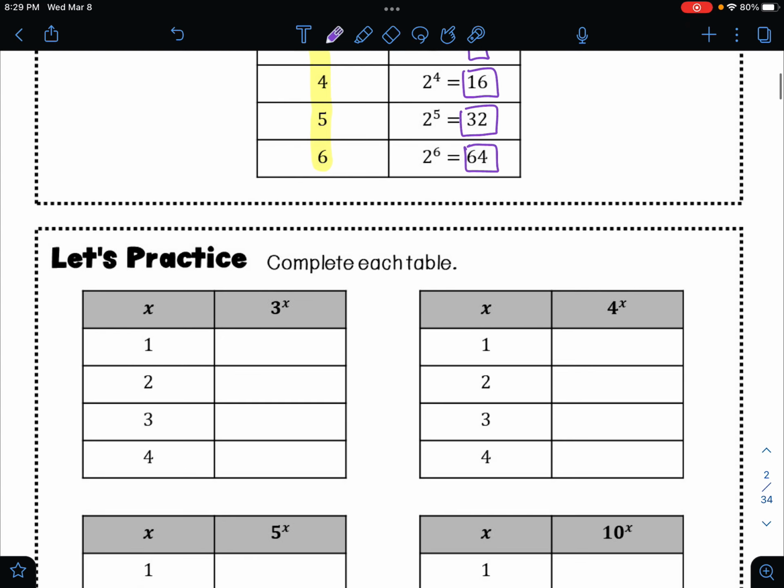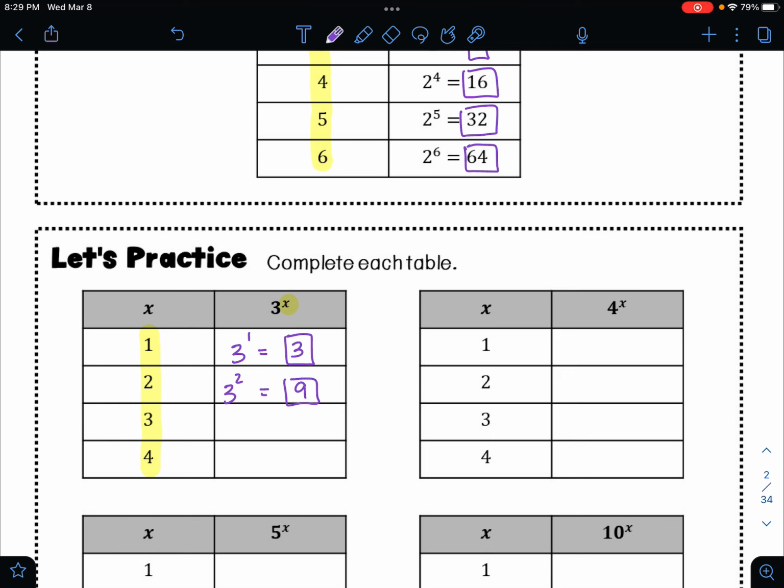Let's practice doing that down here. So again, we're going to take these x values and plug them in for our exponent. So here I'll have 3 raised to the first power. Notice how when I write my exponent, I'm writing it small and up high. It's not at the same level as the 3. 3 to the first power is just 3. 3 to the second power is 9.